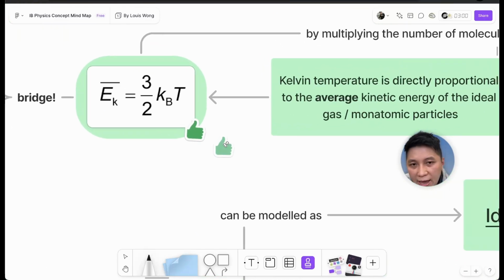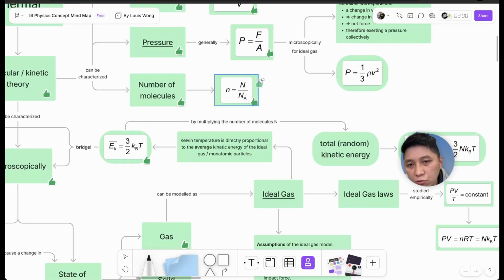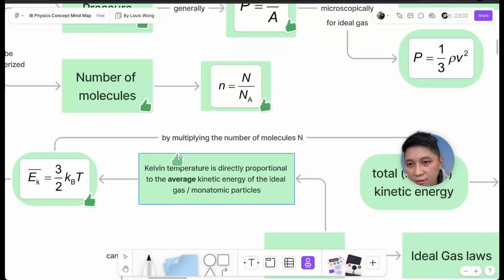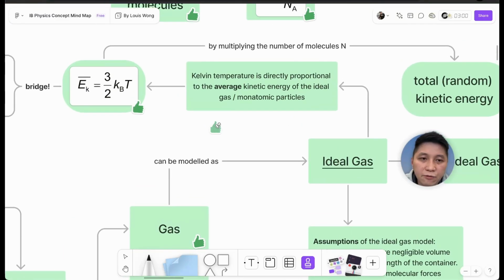The other thing is average. That means you are talking about one single molecule or particle only, not a whole bunch of them. If you have to calculate the total kinetic energy, then you must multiply by N. As I always say, the idea of average is like if you want to calculate the average height of the people in your class, you add up all the heights and divide by the number of heads.